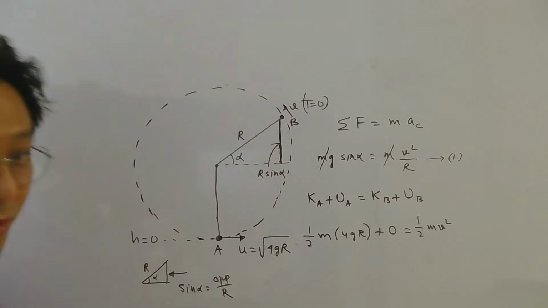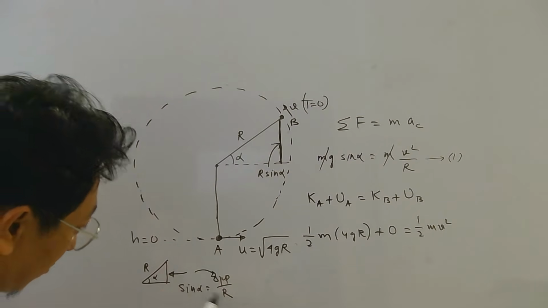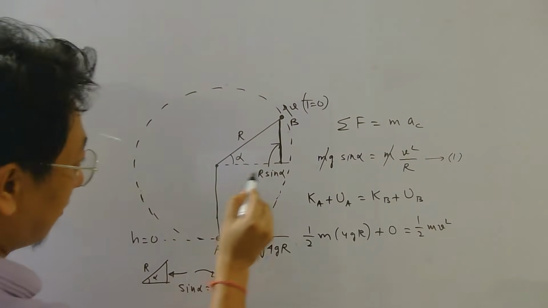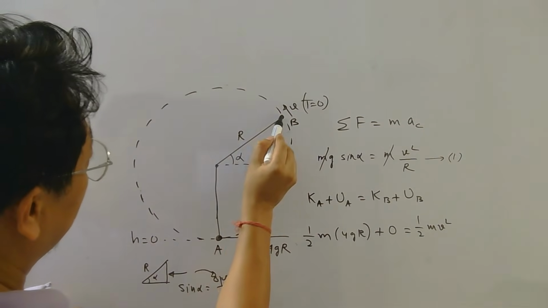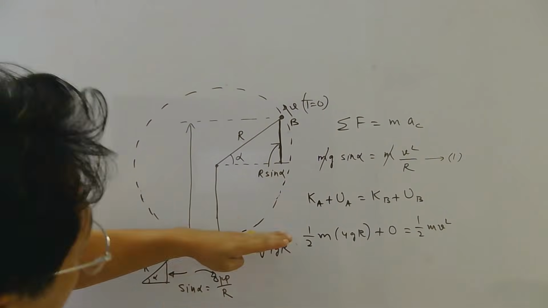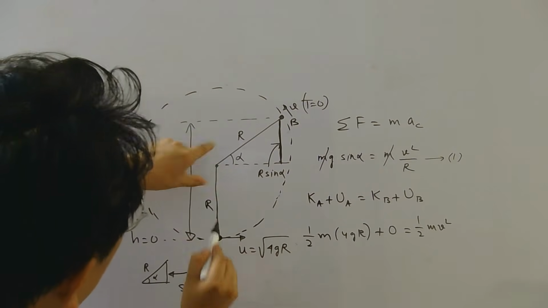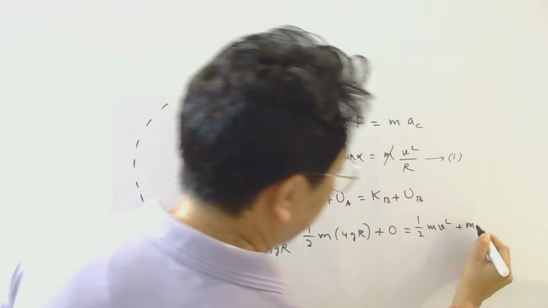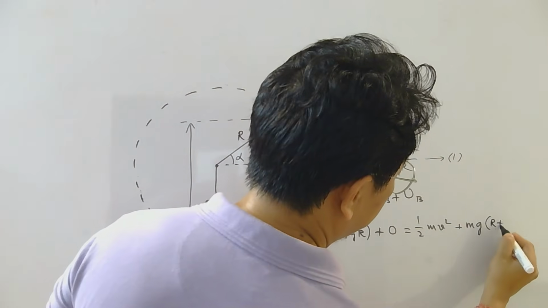So if you cross multiply, opposite side is r sine alpha. And this height plus this height will be the total height from the initial point. So what is the total height? This is r radius and this is r sine alpha. So potential energy will be mg, total height is r plus r sine alpha.